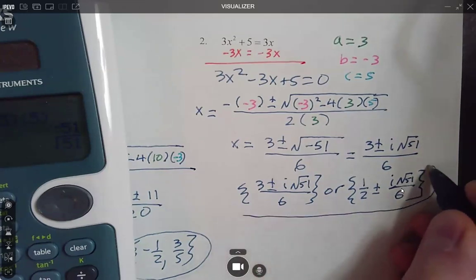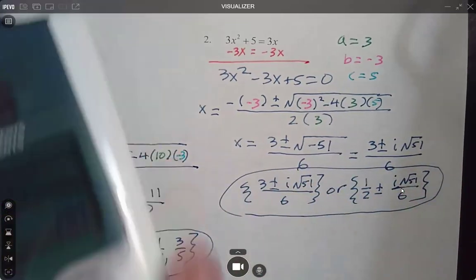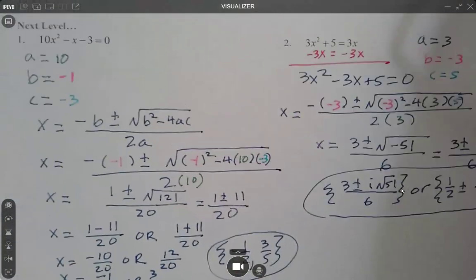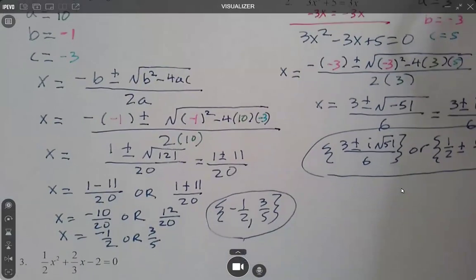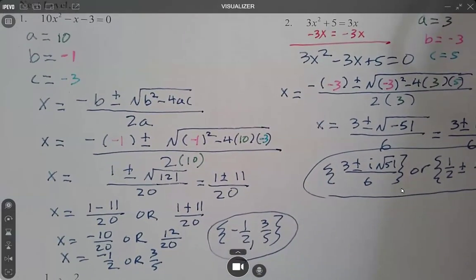So just a quick comment on here. You might have realized in number 1, we could have solved that by factoring, whereas number 2, it doesn't factor. You have to use the quadratic formula. So what I tell folks, when students ask when should I factor and when should I use the quadratic formula: if they specifically tell you to solve the problem by factoring, then you've got to do it by factoring.